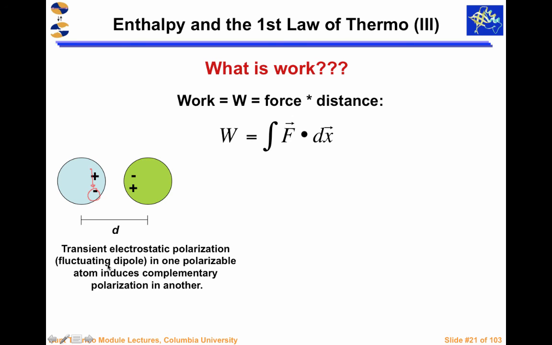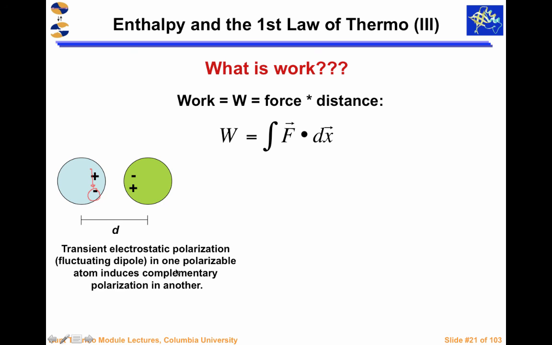And because all atoms are polarizable, although the magnitude of the electrostatic interactions in these fluctuating dipolar interactions is typically smaller than that of the fixed dipole interaction we saw with the hydrogen bond, all atoms will make this kind of interaction, whereas only dipolar species with fixed dipoles will make hydrogen bonds.